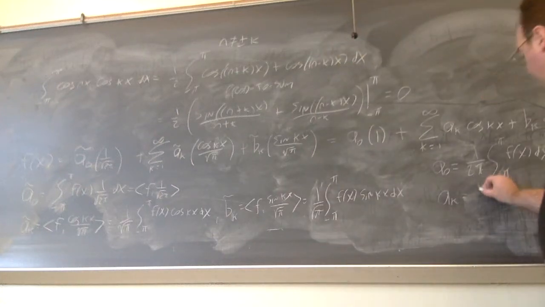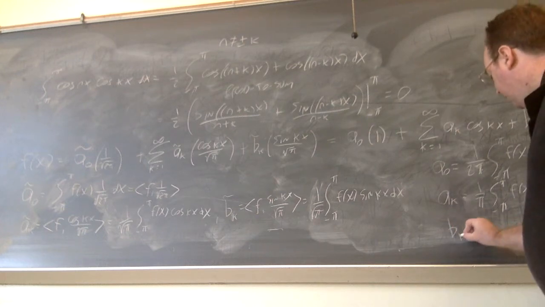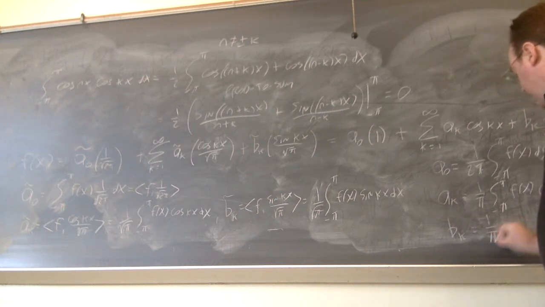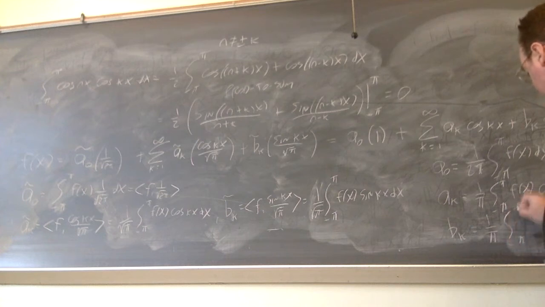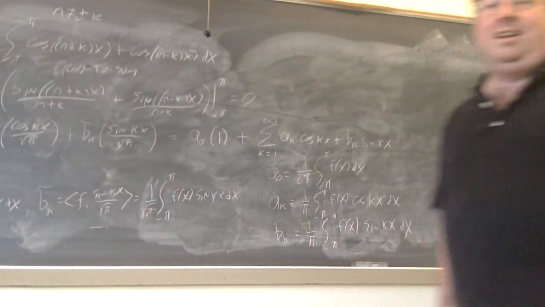So now I have 1 over pi, integral minus pi to pi, f of x cosine kx dx. And then similarly for bk's, 1 over pi, integral of f of x sine kx.